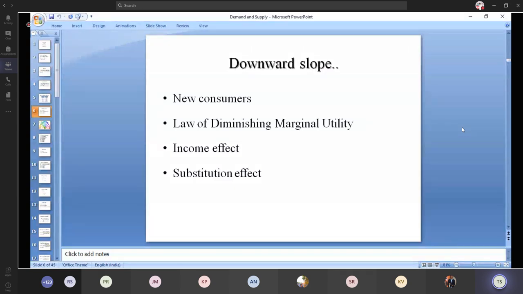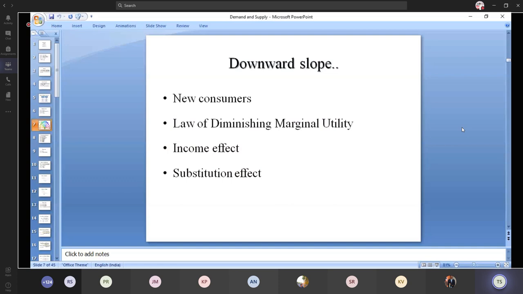So a consumer can substitute the commodity according to his needs and wants. When he substitutes a particular commodity, automatically the substituted commodity's demand goes up and the prices come down. So these are some of the reasons which make the downward slope of the curve. Like this, you have many reasons. Just go through the textbooks to get the points.